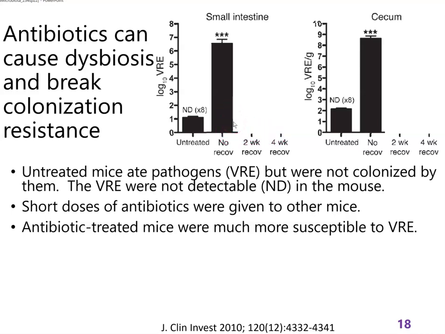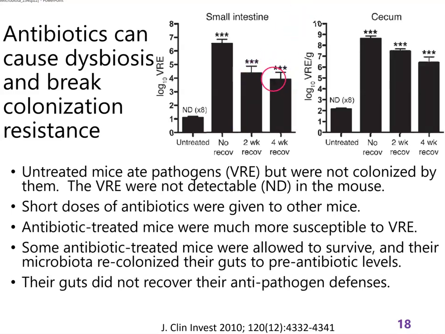2 weeks after the antibiotics, the bacteria in the gut have regrown. Those mice have robust communities of microorganisms in their guts. So, what are you going to see? If those mice eat the pathogen, will it be detected? Won't it be detected? Pause the video. Guess.